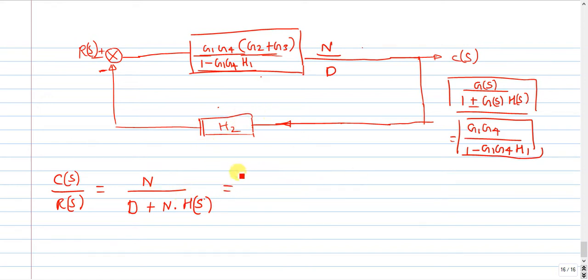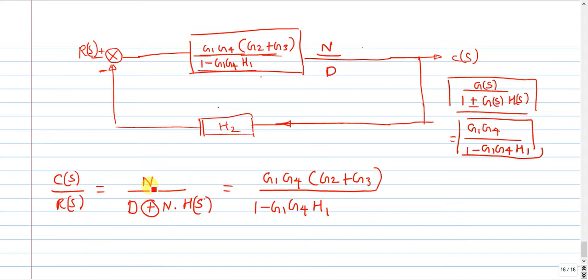So the same I will show here. The numerator is G1 G4 multiplied by G2 plus G3, whole divided by, so what is the denominator here? 1 minus G1 G4 H1 again. This sign will depend on whether it is positive or negative, so I will just add it as plus or minus.